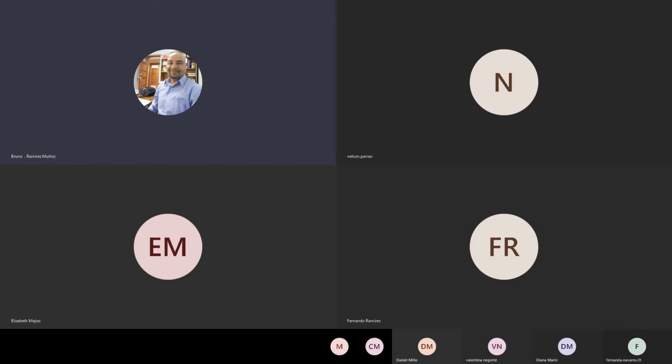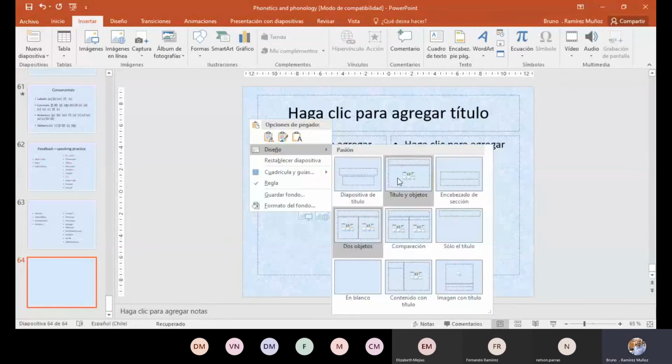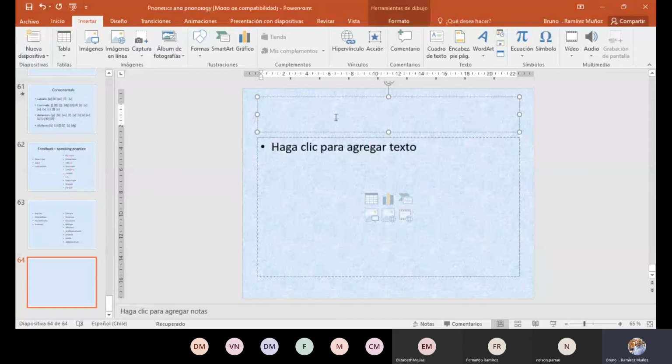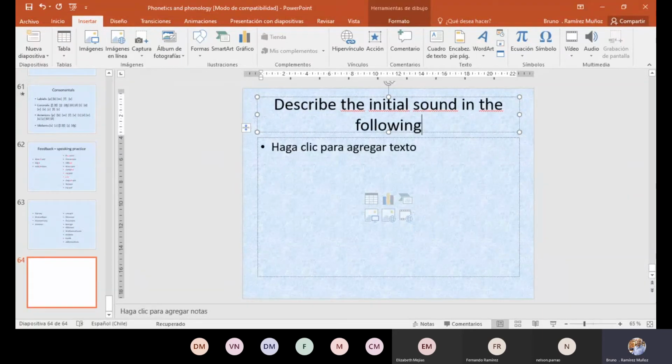Let me give you a question for you to think of. Describe the initial sound in the following words.